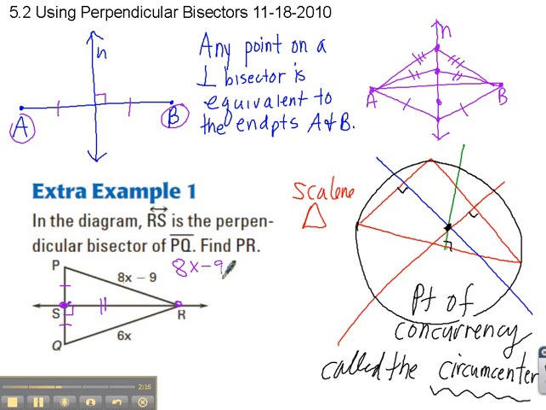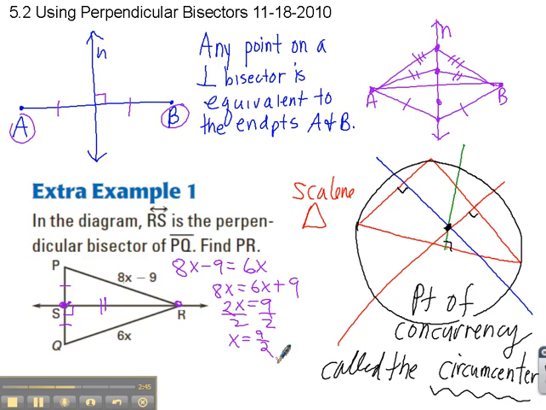8x minus 9 is congruent to the other length of the line segment, 6x. We say that 8x equals 6x plus 9, adding 9 to both sides. We subtract 6x from both sides and get 2x equals 9. Divide by 2 on both sides, and we get x equals 9 halves. I'm not going to simplify it because I need to not find x.